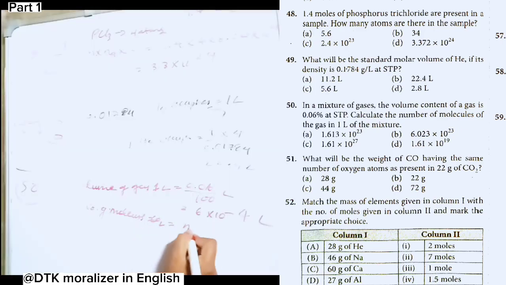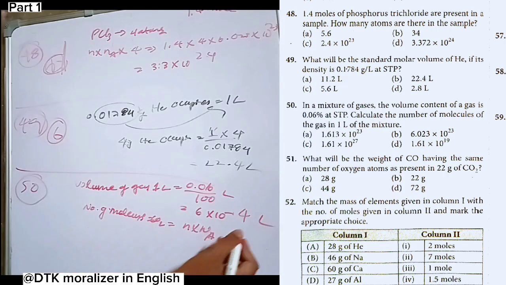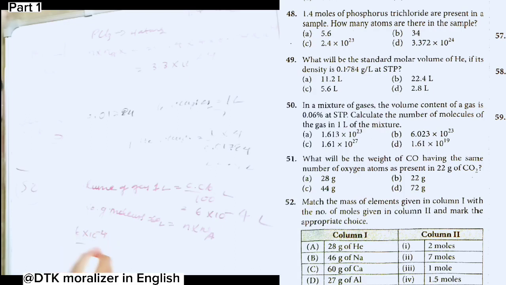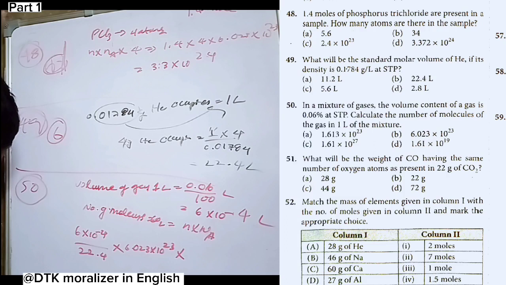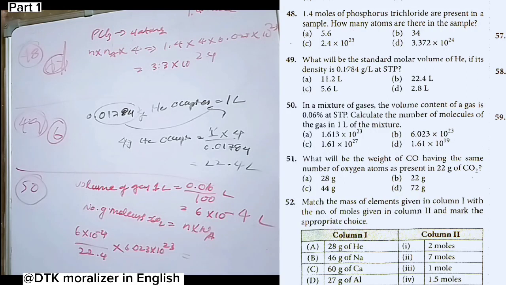Number of molecules is equal to n into Na, so we have to find out the moles. For this, that volume by 22.4 into Na. Here the answer is 1.61 into 10 power 19. So option D is right.